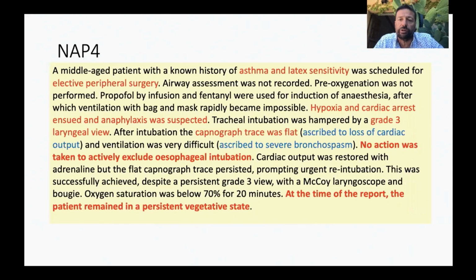And this was a typical case from NAP4, a patient with a known history of asthma and latex sensitivity, with planned elective surgery, no airway assessment, unclear planning. Anaesthesia was started. This was soon followed by difficult mask ventilation, hypoxia and cardiac arrest ensued. This was assumed to be anaphylaxis. And tracheal intubation at that time was hampered by a moderately difficult grade 3 laryngeal view.